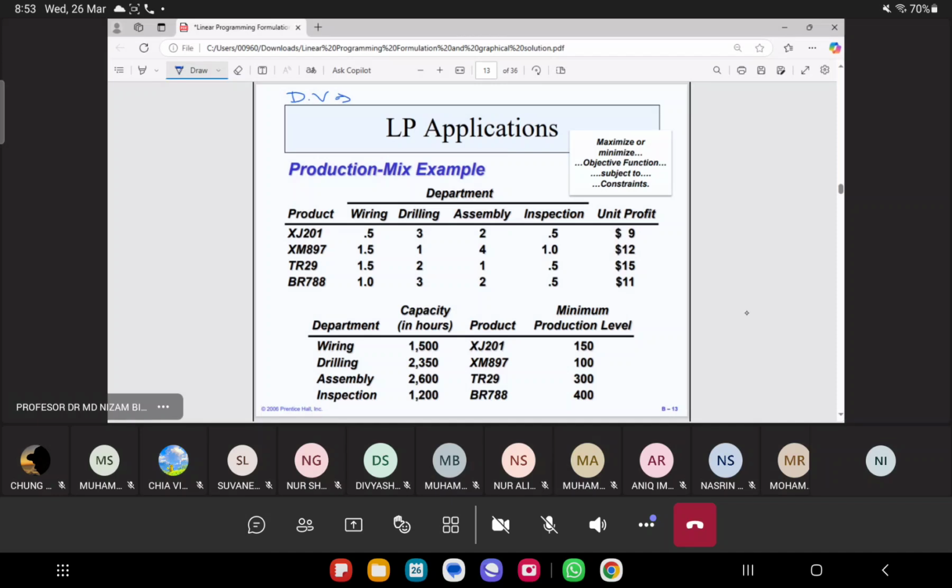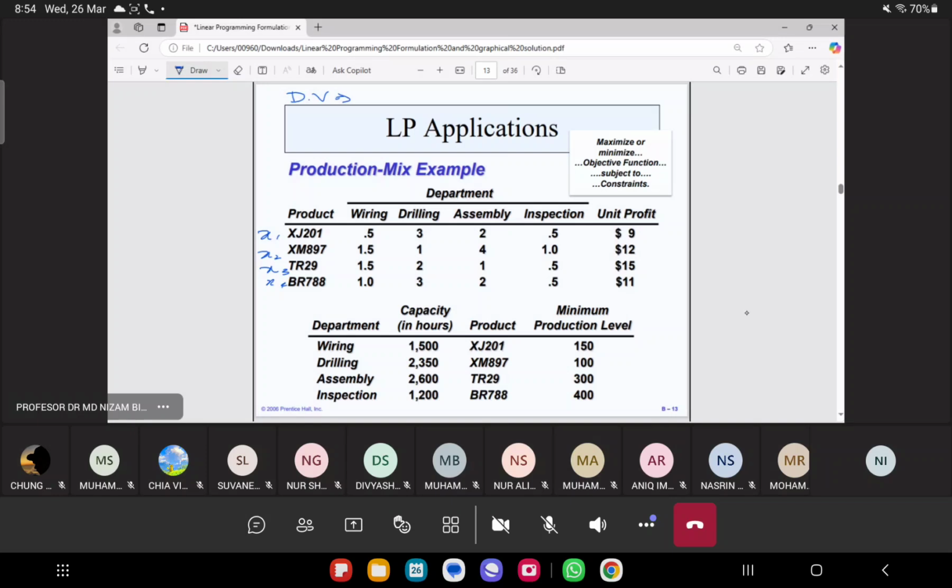So I can assign them to be X1, X2, X3, and X4. So my decision variables would be X1, X2, X3, and X4. X1 is the number of units for XJ201, X2 is the number of units for XM8, and so on and so forth, right? So that's the first thing, decision variables.